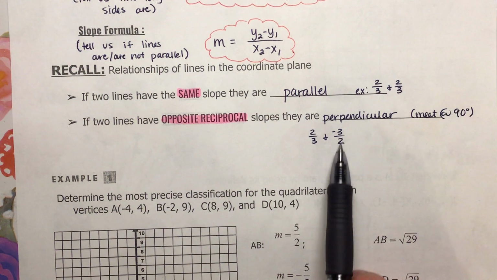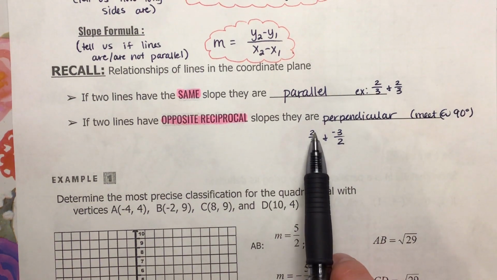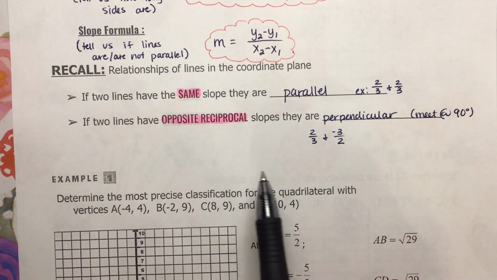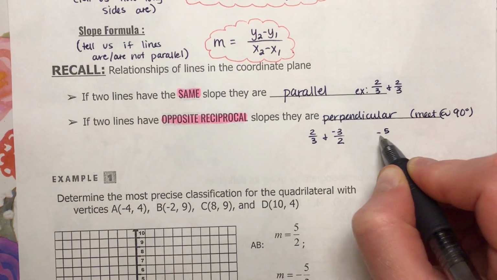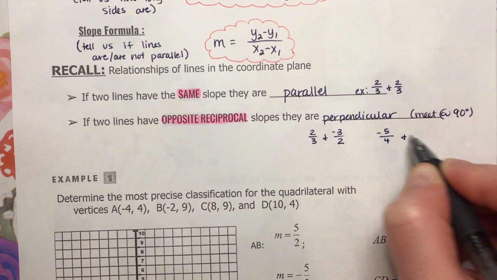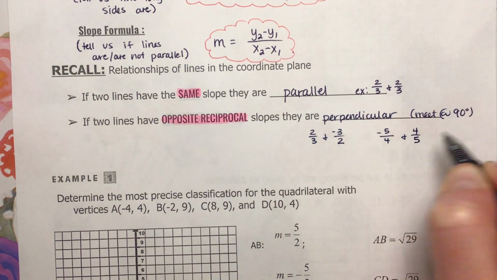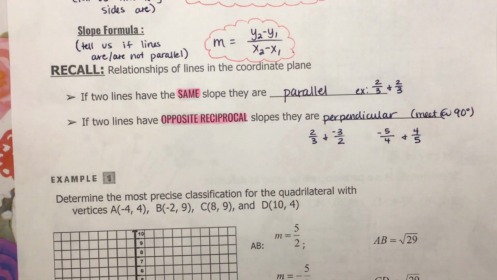Notice the fraction is flipped upside down and the positive was changed to a negative. Another example might be -5/4 and +4/5. The fraction got flipped upside down and the sign changed from negative to positive.